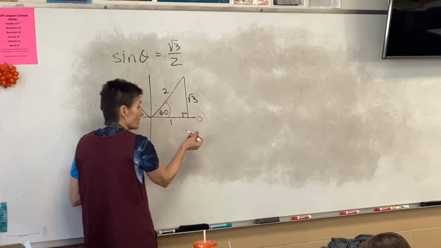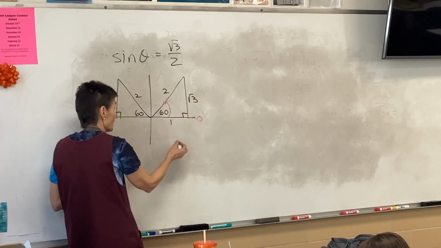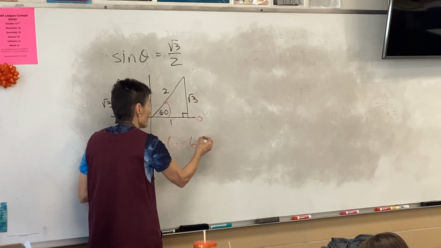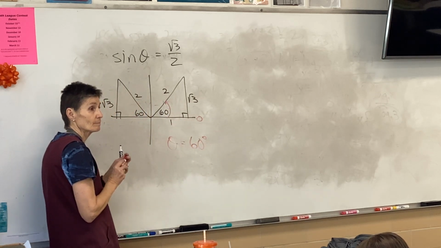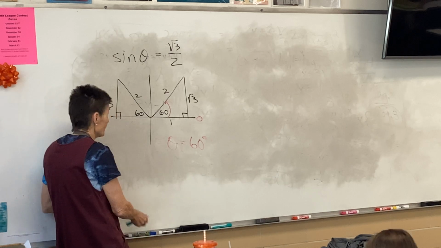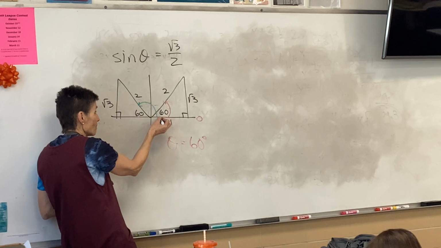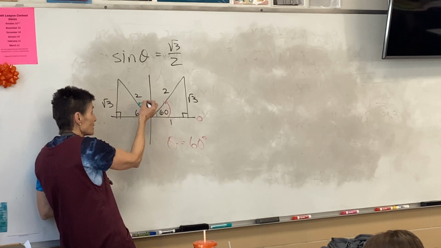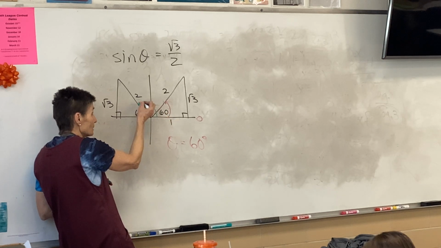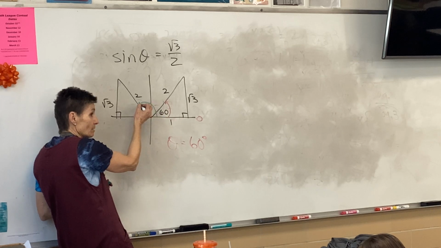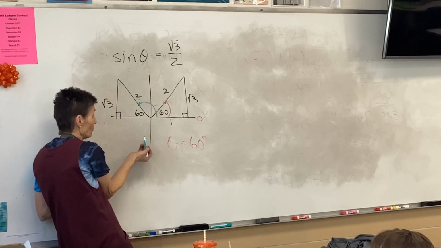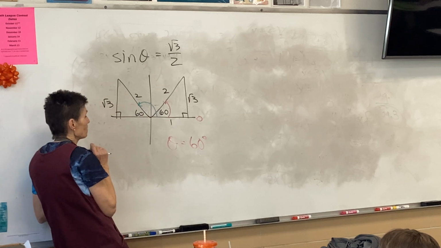Remember, you start measuring here. So your first angle is 60 degrees. Now your second angle, remember, you start measuring here. So your second angle comes over to here. What would that angle be? 150? Not 150.